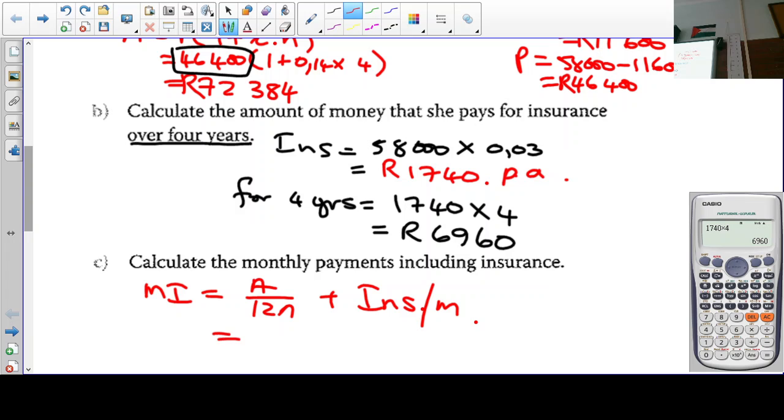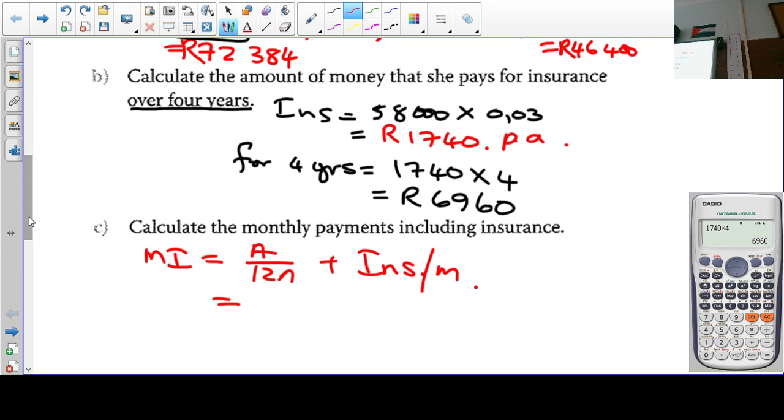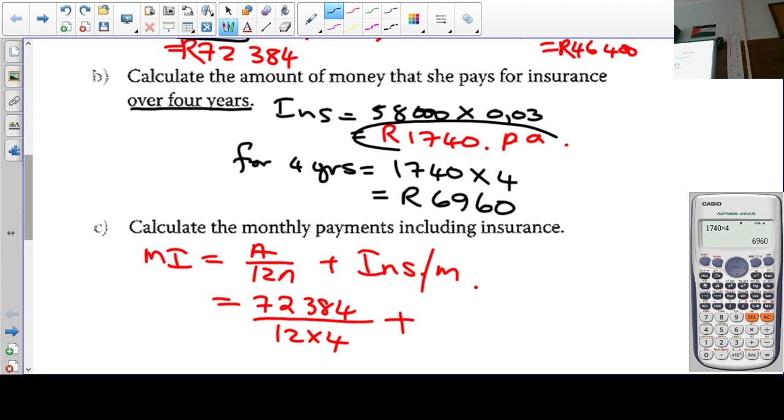So it's going to be A, which is 72,384 must be divided by, how many months are there? 12 times 4, or 4 times 12, or divided by 48, it's the same thing. Plus, remember this is your yearly insurance here. So what must I do with that? If I want to calculate it per month, what must I do? Divided by?